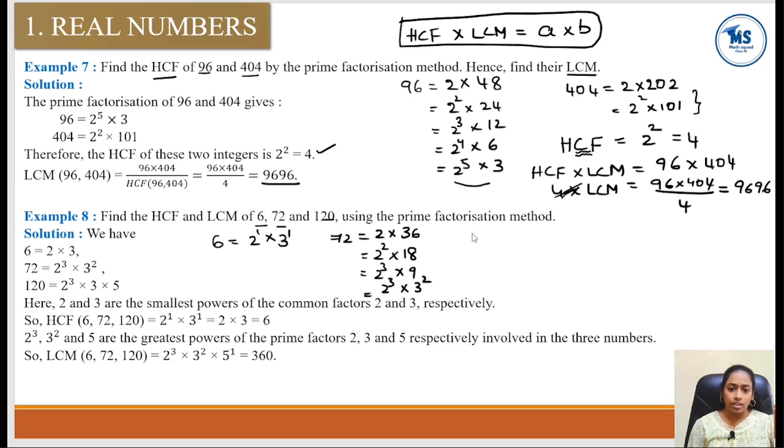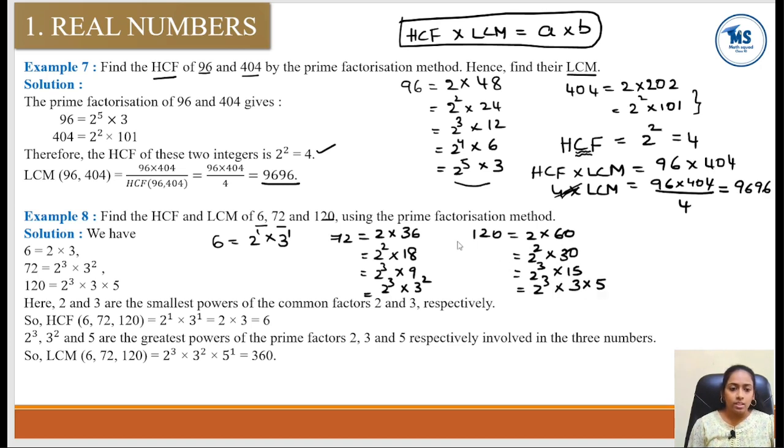This is the prime factorization of 72. Now for 120, 2 into 60, 2 square into 30, then 2 cube into 15, then 2 cube into 3 into 5.